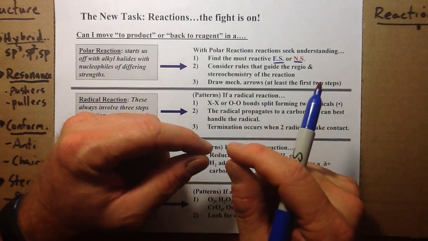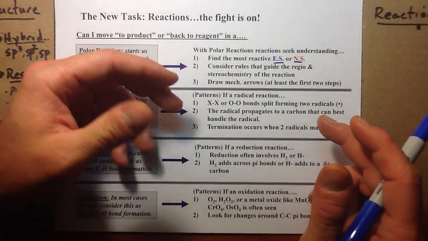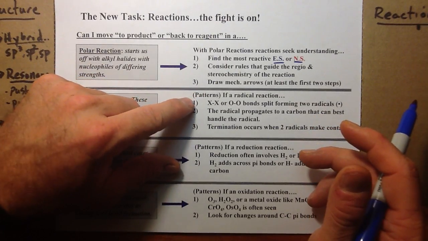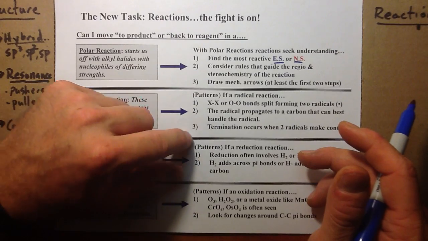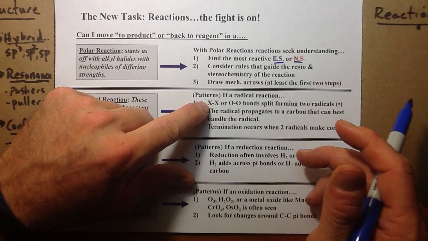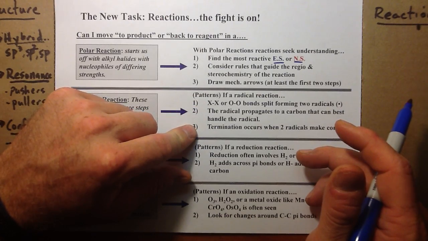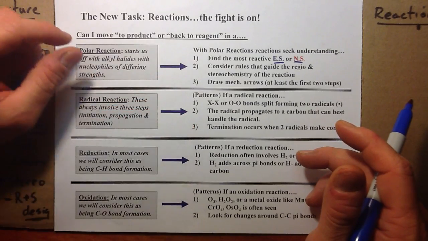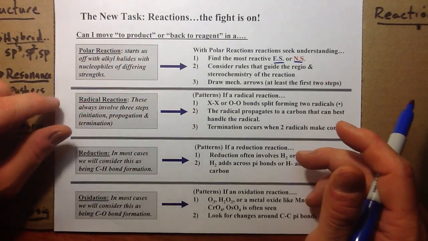And when 2 radicals meet, that's called the termination step. It's sort of the opposite of the initiation step. These 2 steps are, I guess, the beginning and end. The highest jump up in energy and the biggest jump down in energy are represented by 1 and 3, initiation and termination.